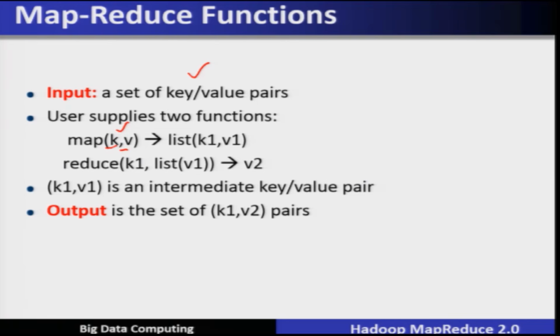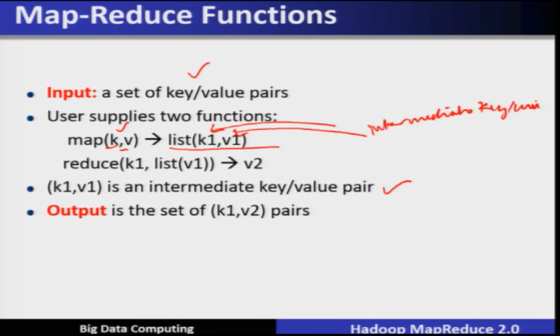After that, this map function will emit intermediate values in the form of a list, with key K1 and V1 as the values. So, K1 and V1 is the intermediate key-value pair.